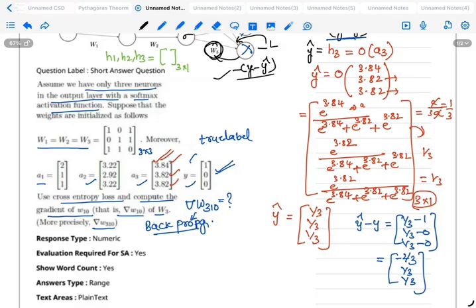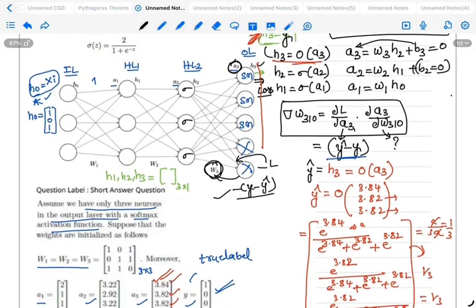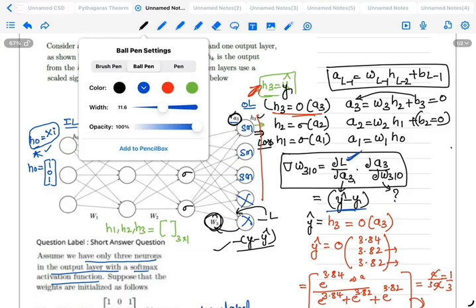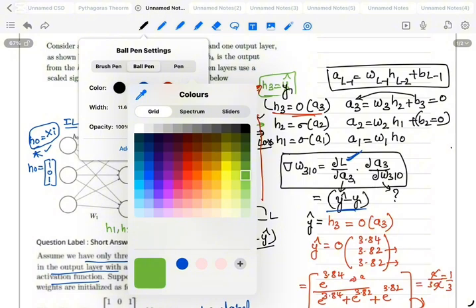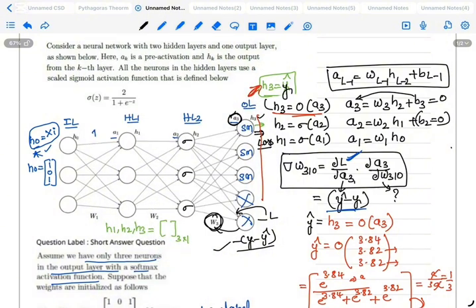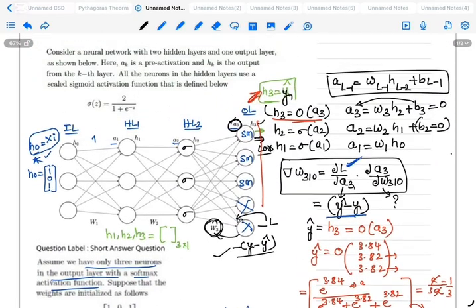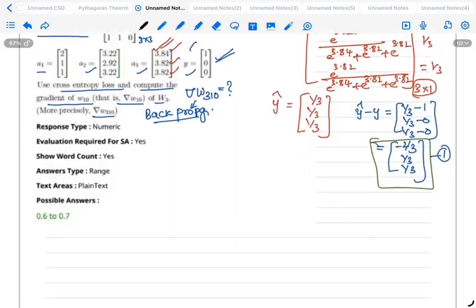So we solved this value, and this is important. Next we find this value, dou A3 by dou W3.